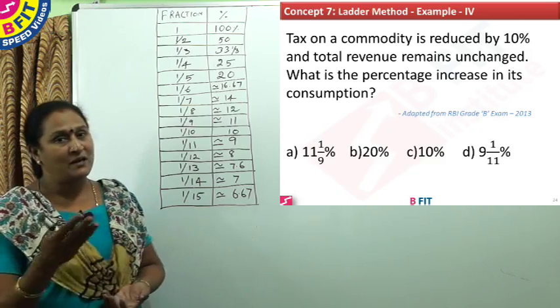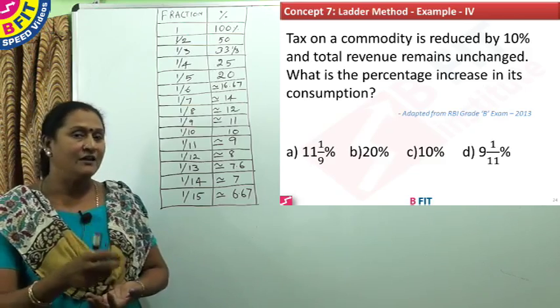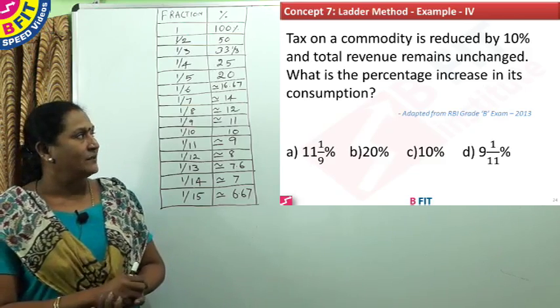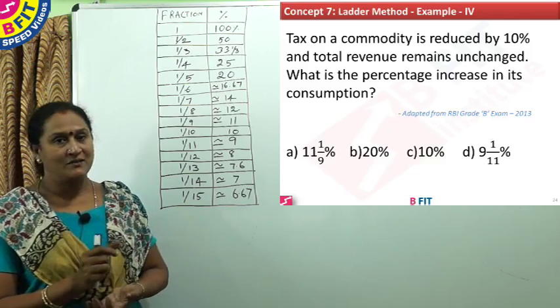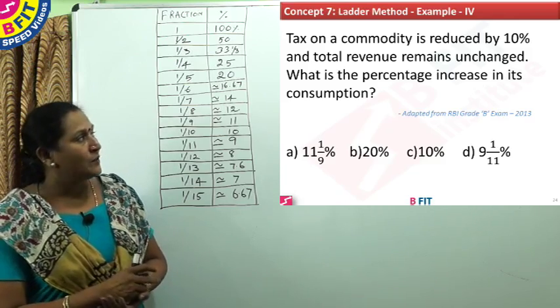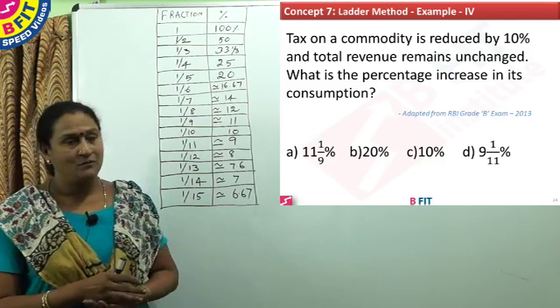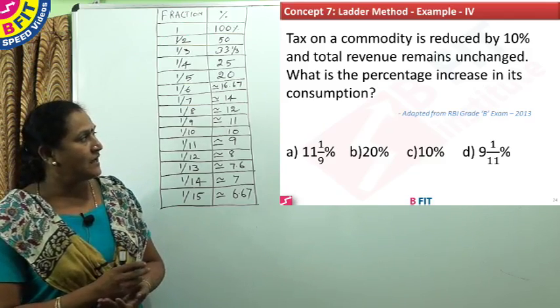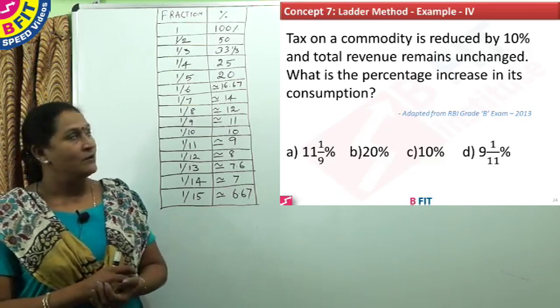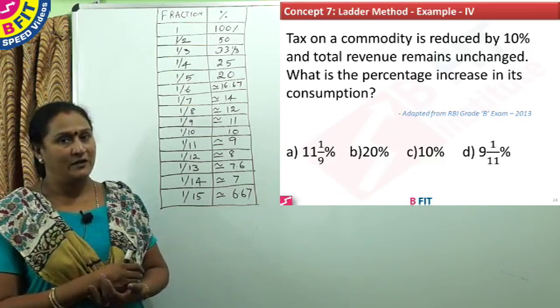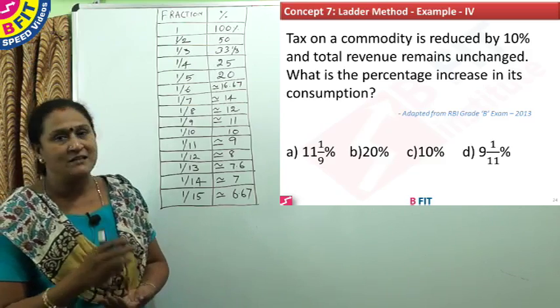But when you understand the concept, we can easily arrive at the answer. In this question, revenue remains unchanged. To maintain this revenue, the commodity tax is reduced, and by what percent consumption has increased is asked.